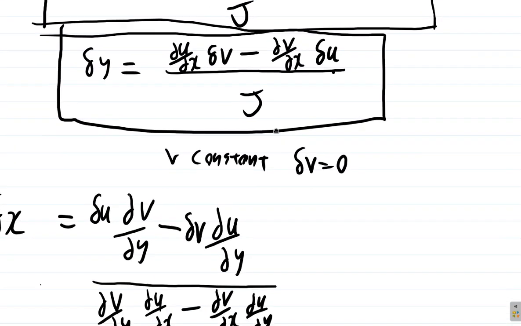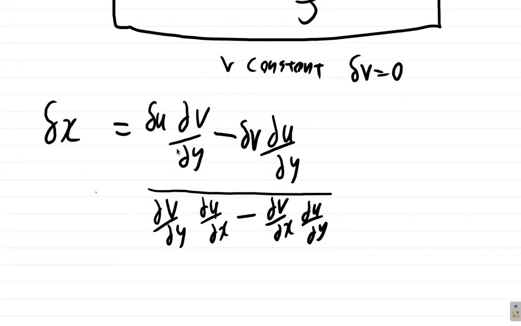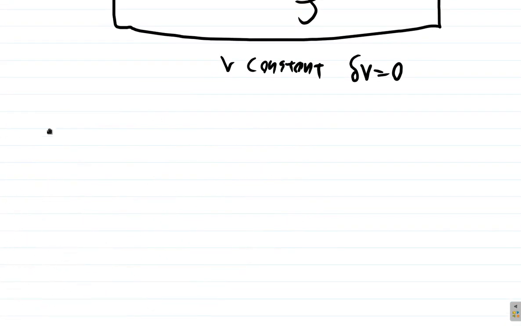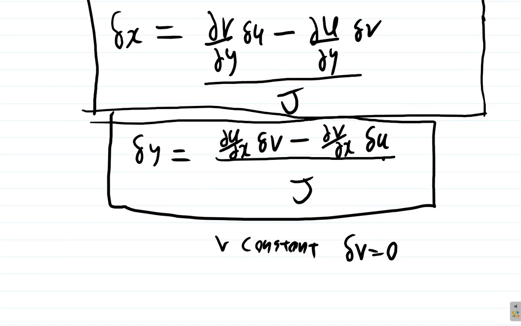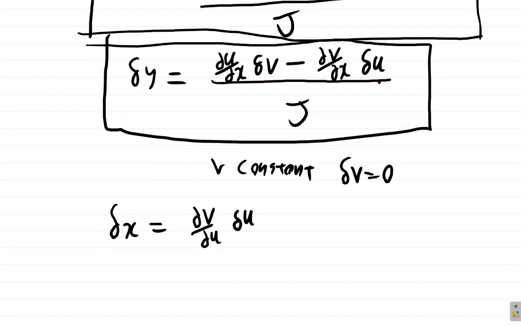What would happen if you hold v constant is that this part will become 0, because delta u by delta y times delta v will become delta u by delta y times 0. So the change in x would be delta v by delta y times change in u over the Jacobian. Alright?